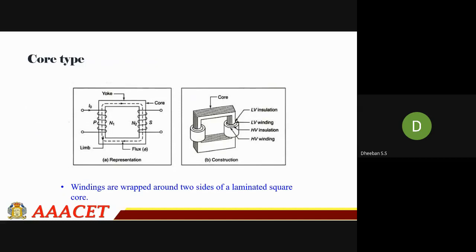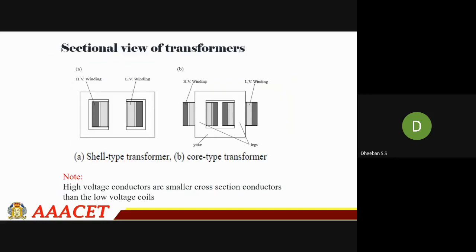In a core type, the windings will be wound on both sides of the core. Here you can see, on both sides the laminated square core will be wound with the windings. The windings will be high voltage winding and low voltage winding, and they will be provided with high voltage insulation and low voltage insulation for safety purposes.